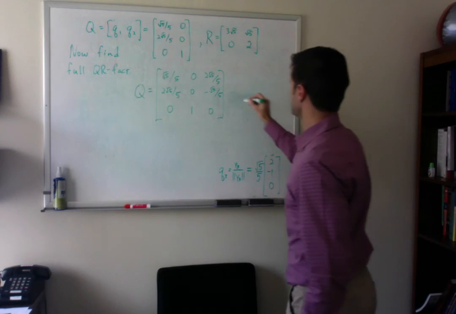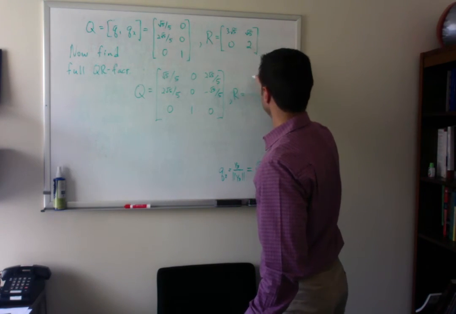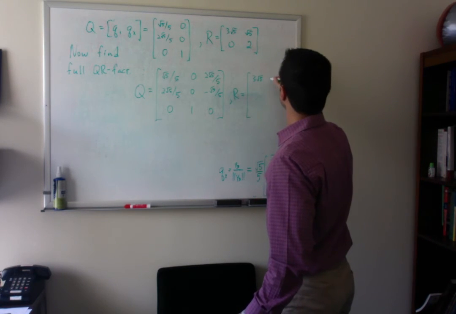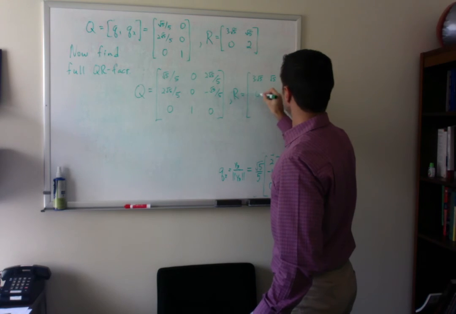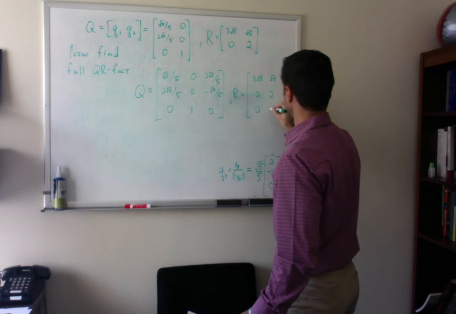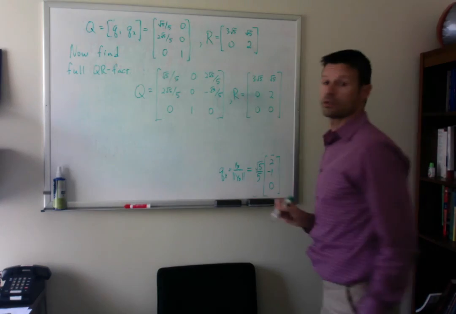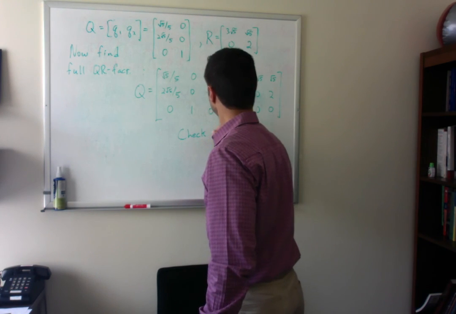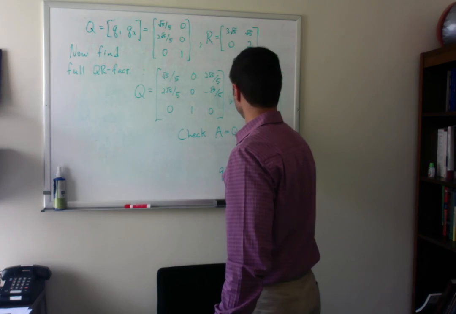This is Q, and R is the same as the previous R, except now we include a row of zeros, and I'll ask you to check that A equals Q times R.